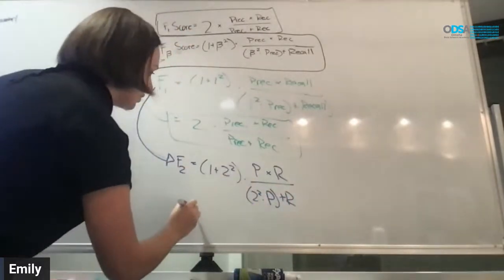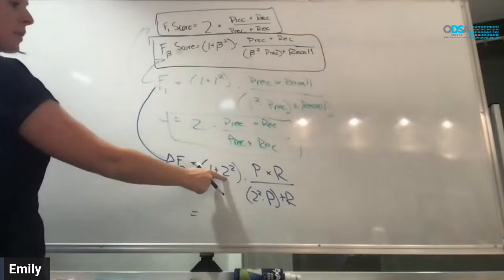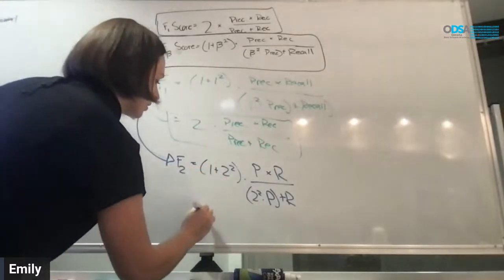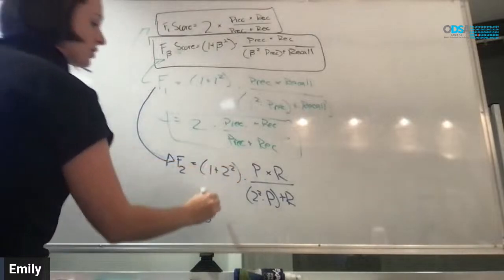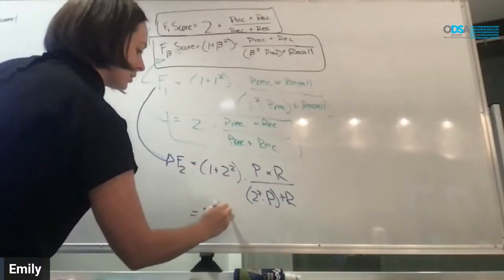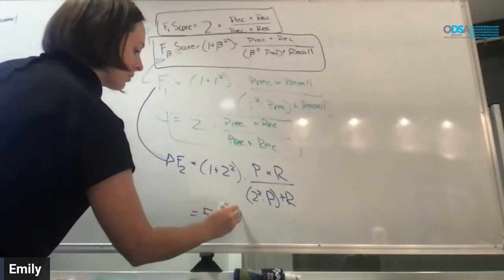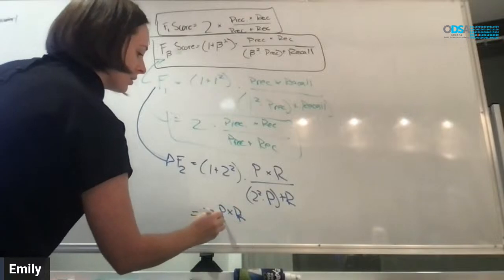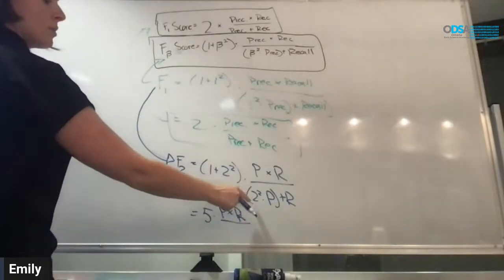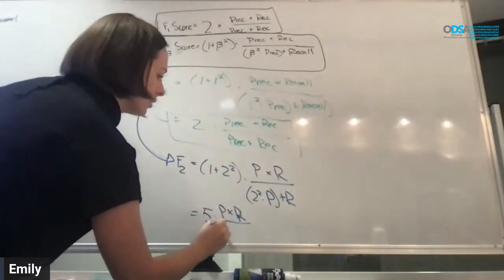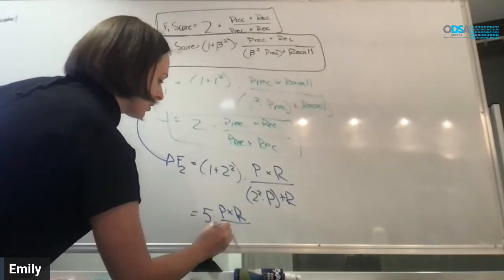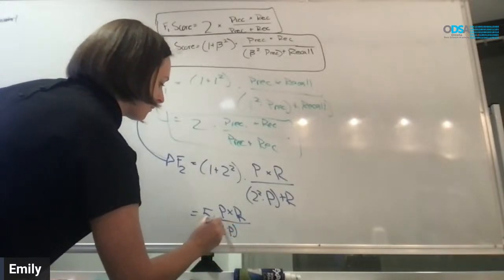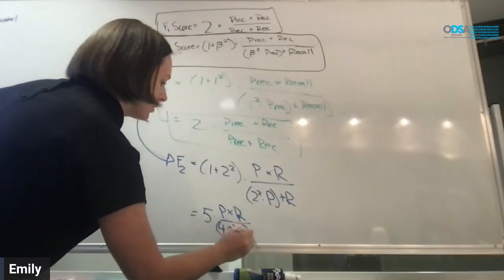So this is going to equal 2 squared, 2 times 2 is 4, 4 plus 1 is 5, times precision and recall, all over 2 squared is 4, 4 times precision, 4P plus recall.